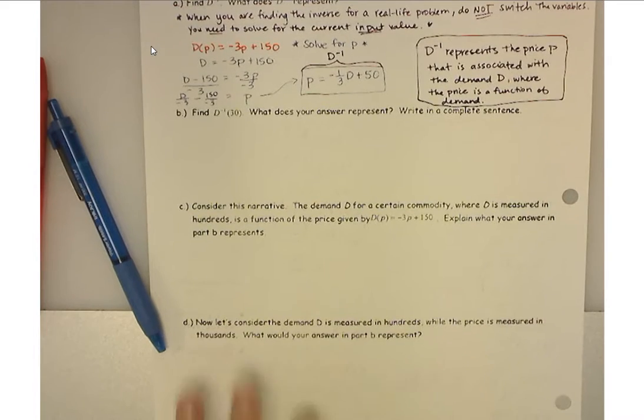So the inverse represents the price P that is associated with the demand D, where the price is a function of demand.